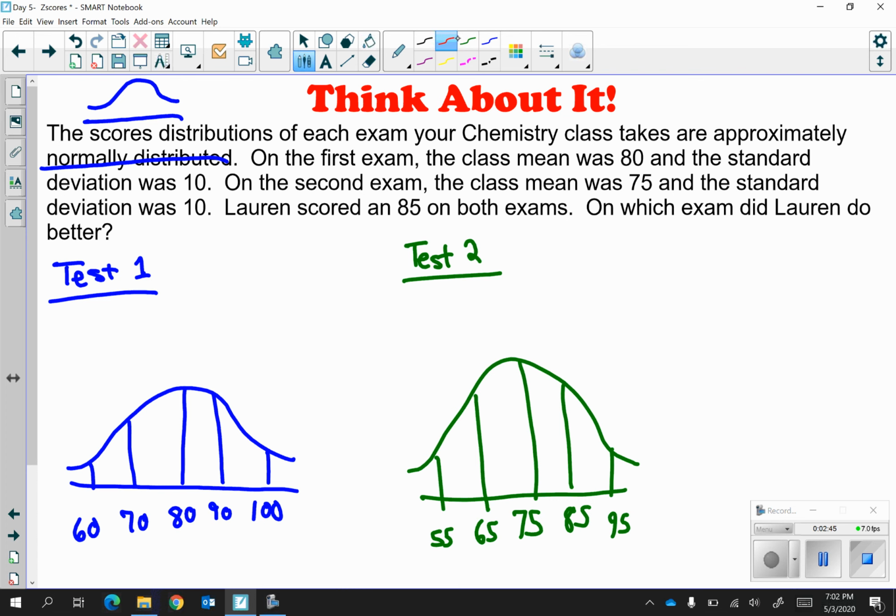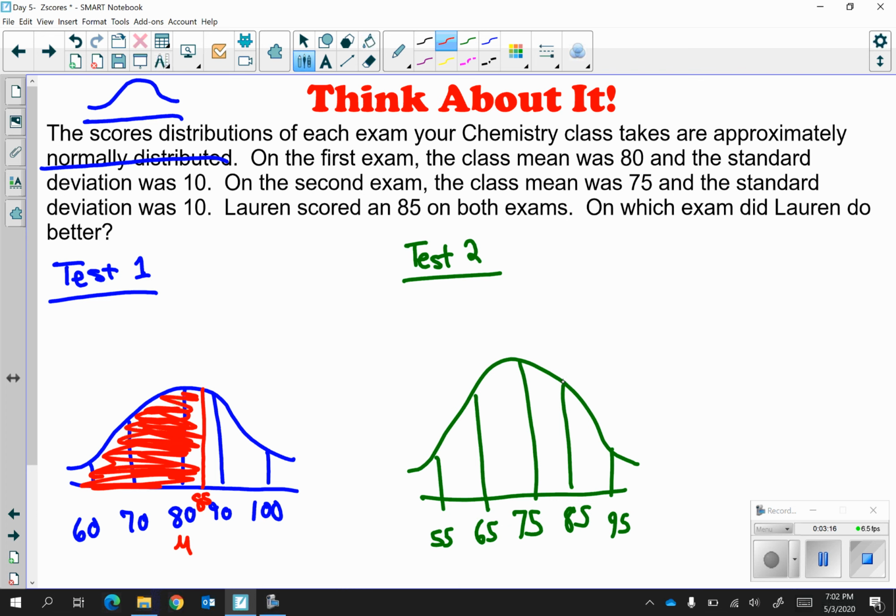Now we have Lauren's test grade. Lauren's grade was an 85. So in our first one, that is here. And notice Lauren got pretty close to your average, right? She did better than a lot of the other people in the class. Now we have the second one.